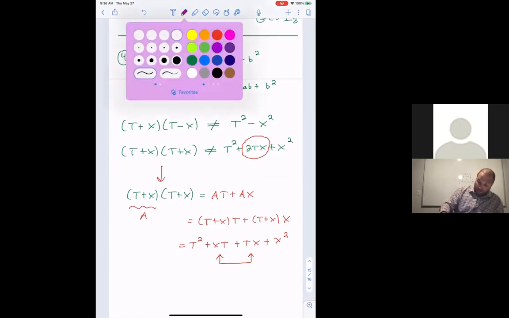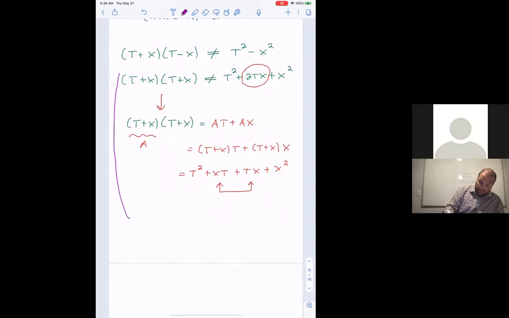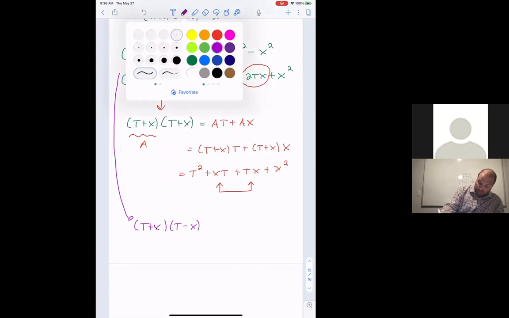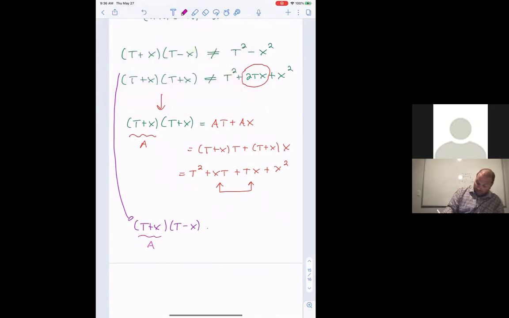If I now do the other one, t plus x times t minus x, again, I'm going to call this first piece A. So distributing, I get At minus Ax, A is on the left.